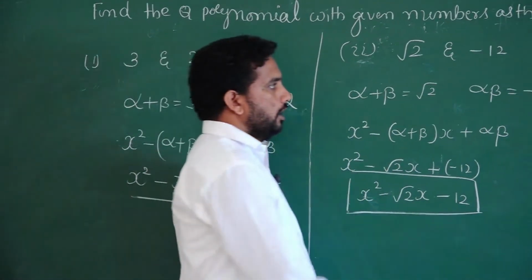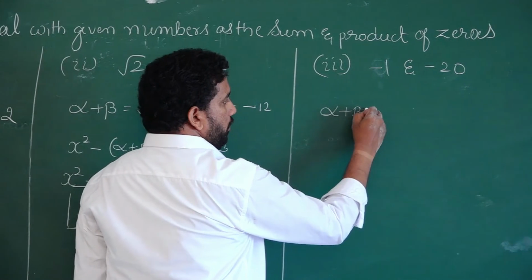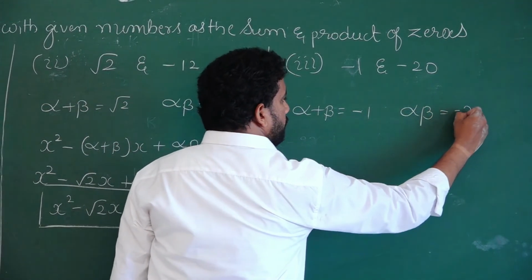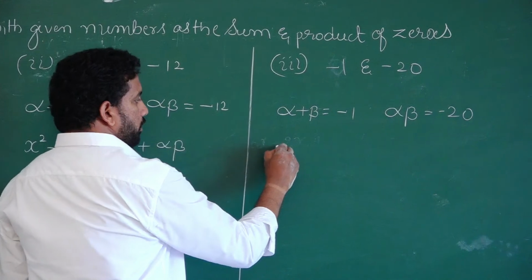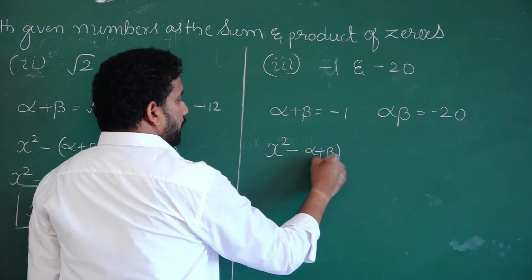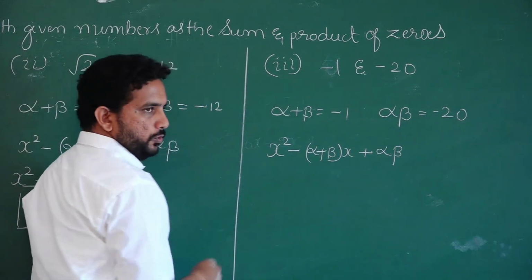Like that in the last one also we have to do. So here alpha plus beta is equal to minus 1 and alpha beta is equal to minus 20. Okay, so x square minus alpha plus beta x plus alpha beta. Just substitute the values.